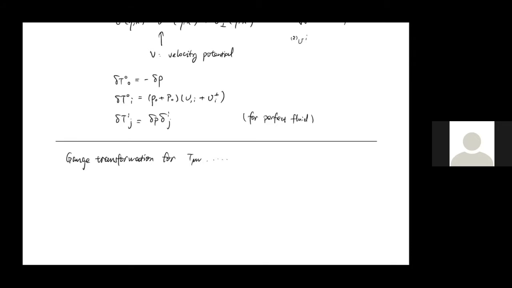So in general, if there is a scalar Q, which depends on the coordinate x, it can be expanded as Q bar, the background level, plus delta Q.